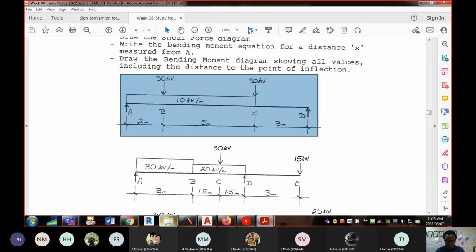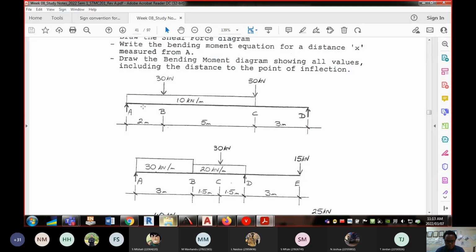We're going to go to any point along the beam. If we choose to go to node B, we will have to decide whether we take the sum of the moments on the left-hand side, or on the right-hand side, to calculate the moment at that particular point.